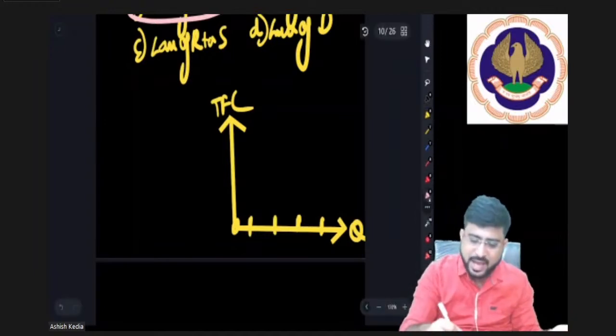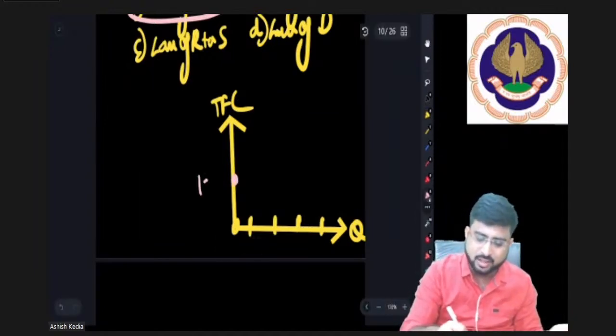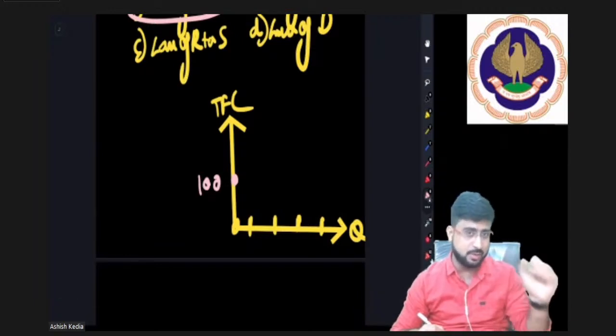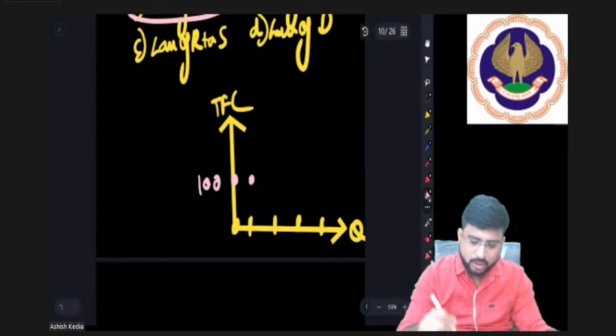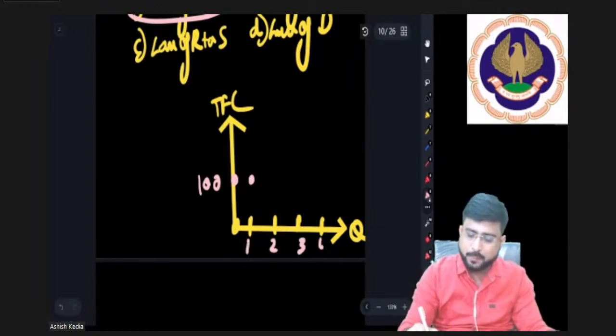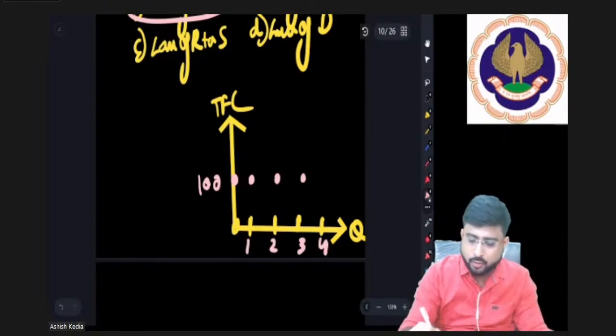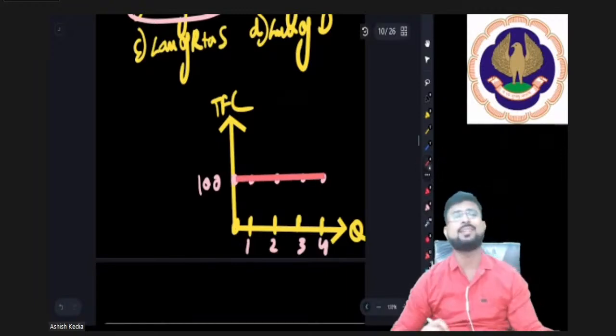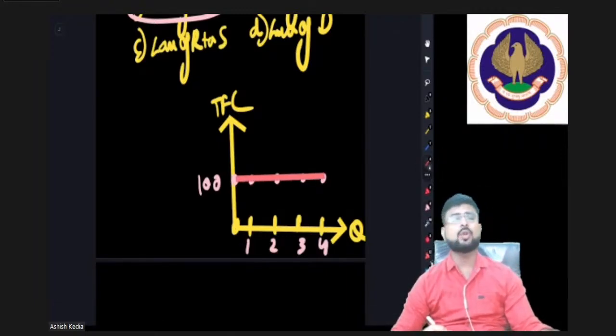No, it's same. Let's say it's 100 rupees. So even if I'm not producing anything, I will have to pay 100 rupees. If I'm producing 1 unit, then 100. If I'm producing 3 units, then also 100, 400, everywhere 100. So this is how total fixed cost looks like.